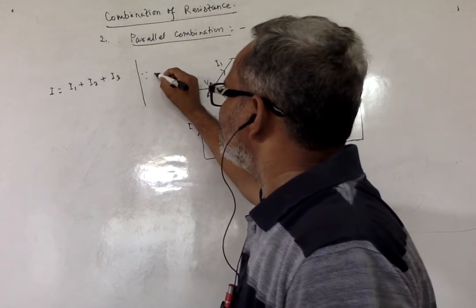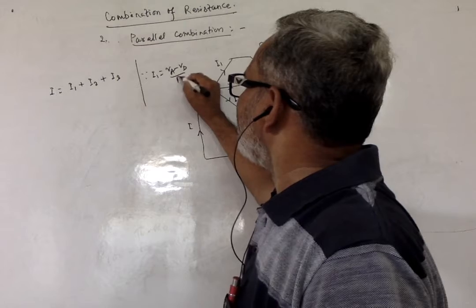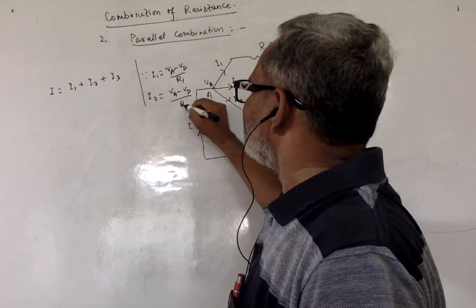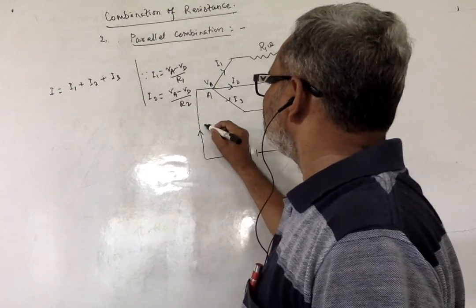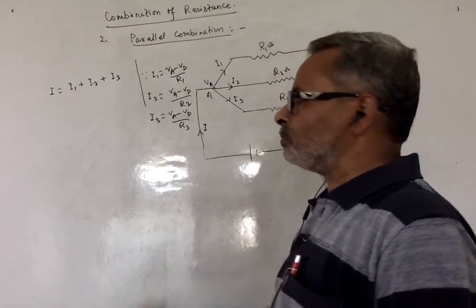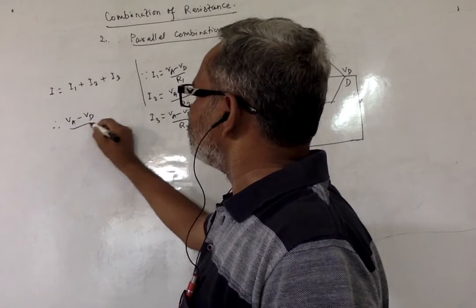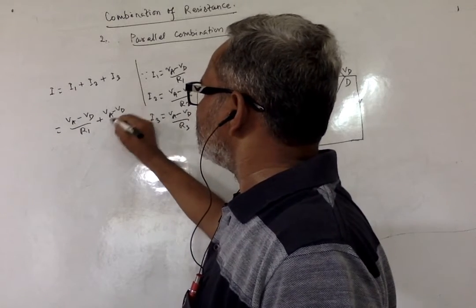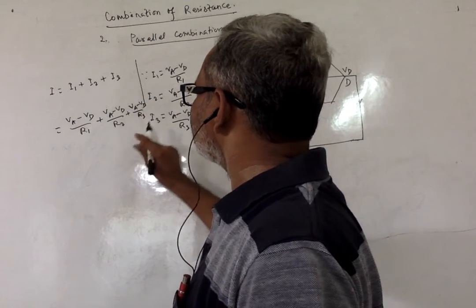Since I1 equal to VA minus VD by R1, I2 equal to VA minus VD by R2, I3 equal to VA minus VD by R3, therefore I equal to VA minus VD by R1 plus VA minus VD by R2 plus VA minus VD by R3.